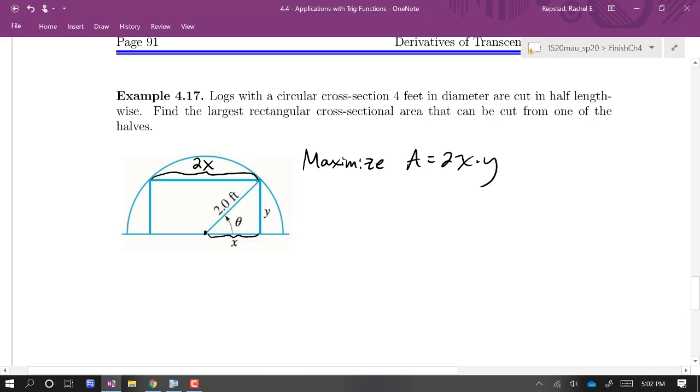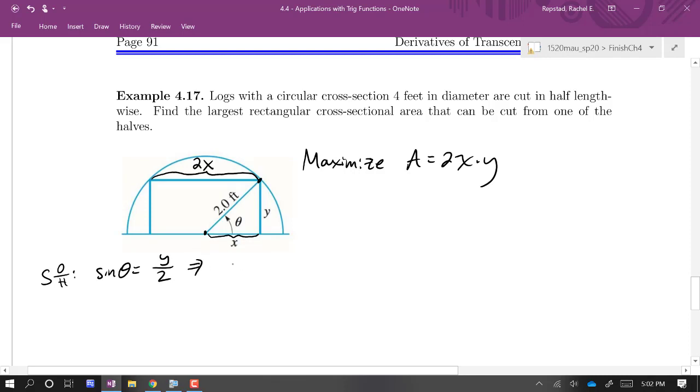So that's 2 feet. And if we draw this out as they've indicated from the bottom out to where it intersects this circle, we'll call this angle theta. Now use this right triangle. We're going to make some trig functions. Sine theta, opposite over hypotenuse, is y over 2.